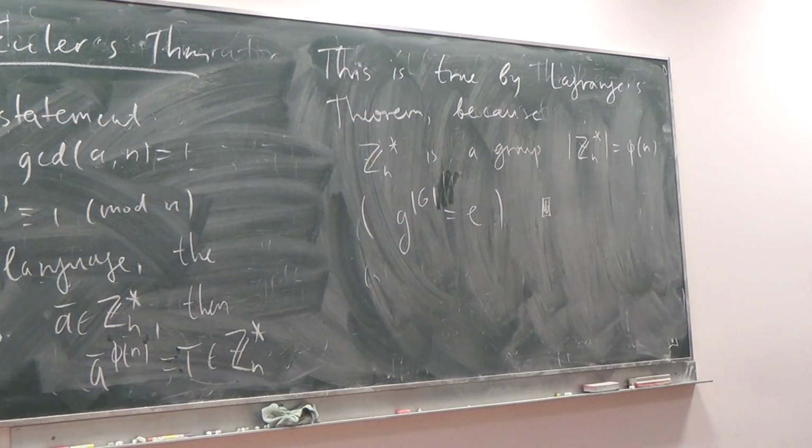And another definition, which is generators in this case. An integer a, which is coprime to n, is called, yeah, so here come primitive roots modulo n, if this element in this group is a generator.